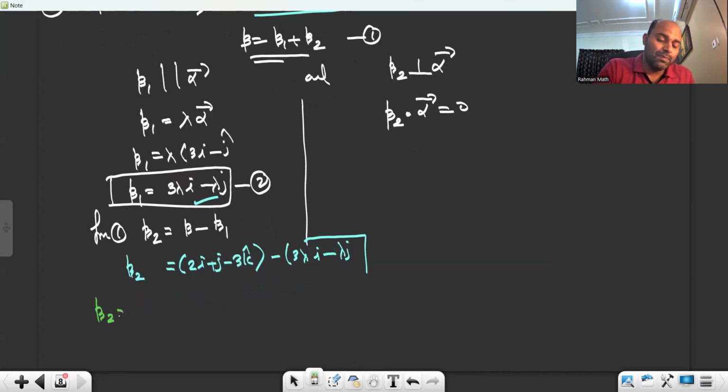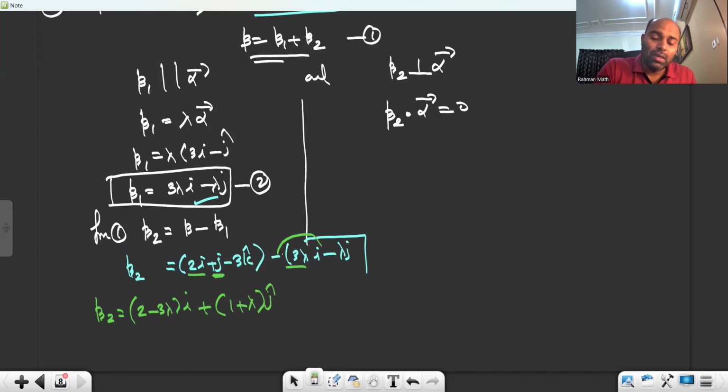So beta 2 you'll get (2 minus 3 lambda) i plus (1 plus lambda) j.